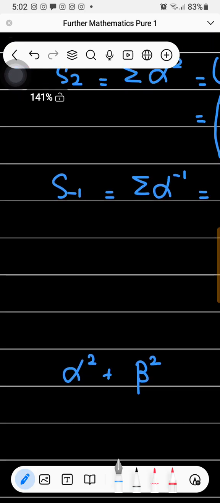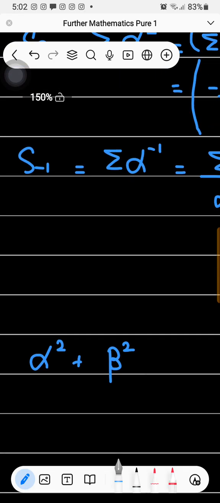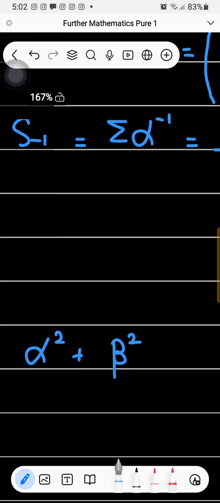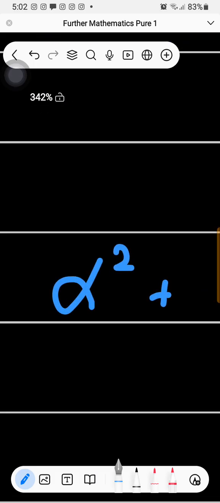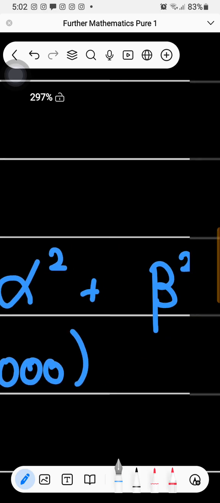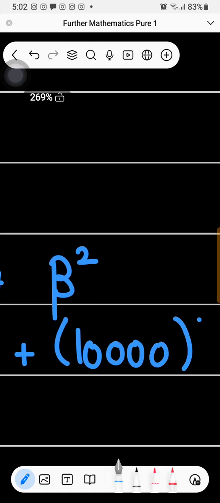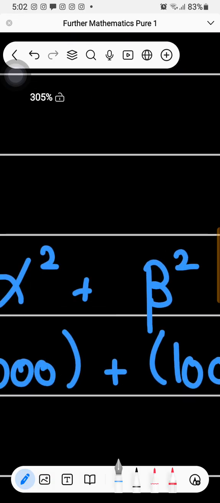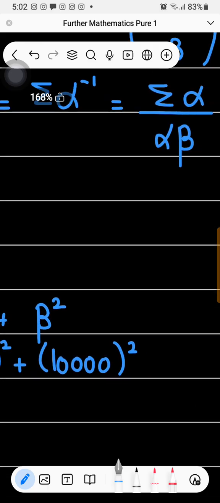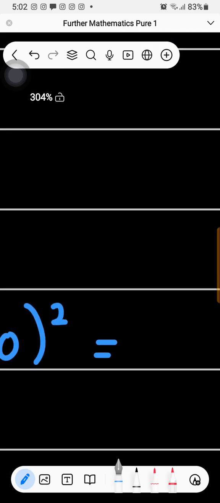Okay. So think one thing, that if we insert alpha equal to 1000 and beta equal to 10,000, and square here also, we will get a positive value.